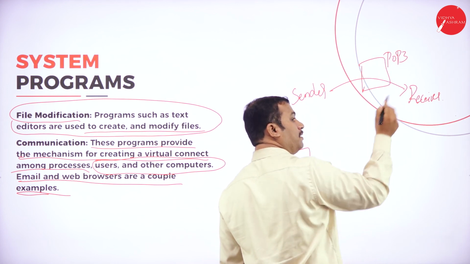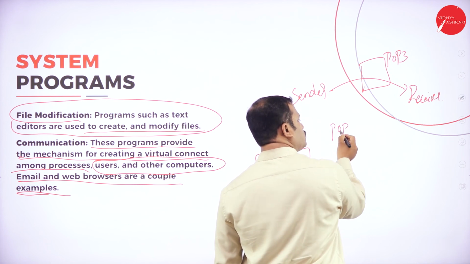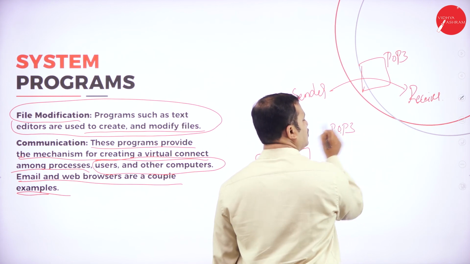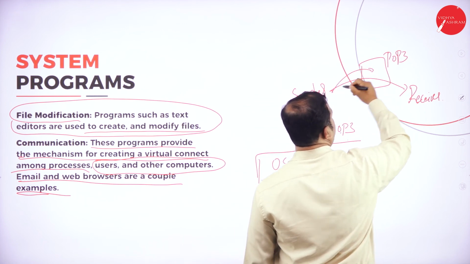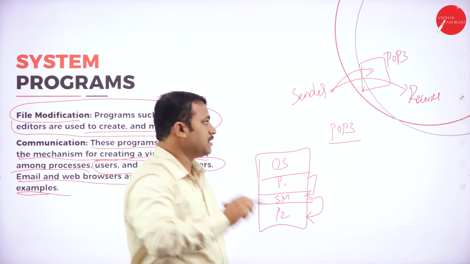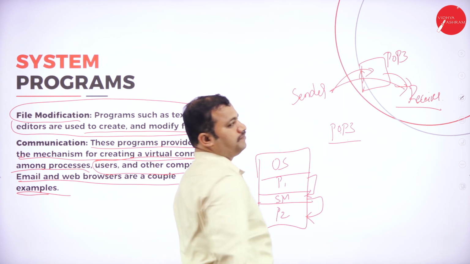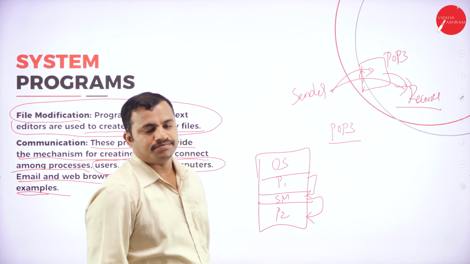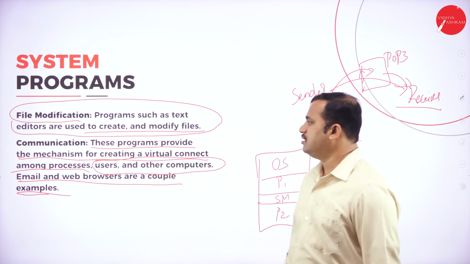We have PPP, but in this case we have POP3. What is the meaning of POP3? Post Office Protocol version 3. This protocol is responsible for delivering the message from the sender to the mailbox and in turn from the mailbox to the receiver. So we will be having certain information in the mailboxes. So this is how we perform the communication.